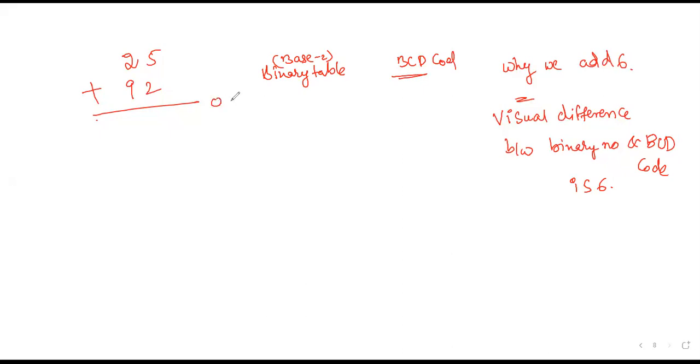Now I am writing 0000, 0001, 0010, 0011, 0100, 0101 for 0 to 5, up to 9 is 1001, the same up to here.